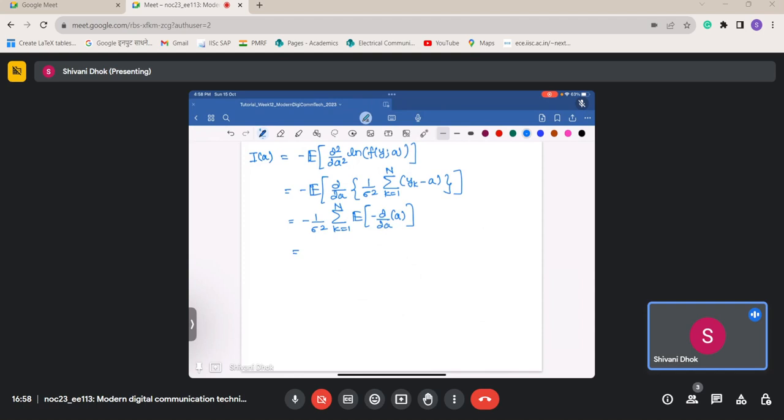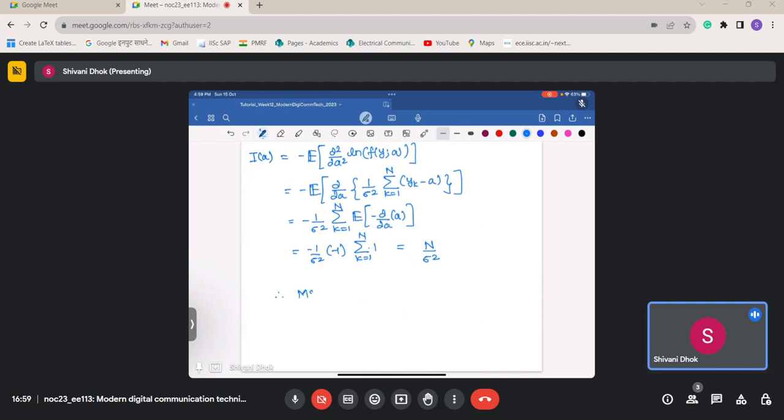So this comes out to be minus 1 by sigma square into minus 1 summation k running from 1 to capital N 1. So this comes out to be n by sigma square. So your IA is equal to n by sigma square.